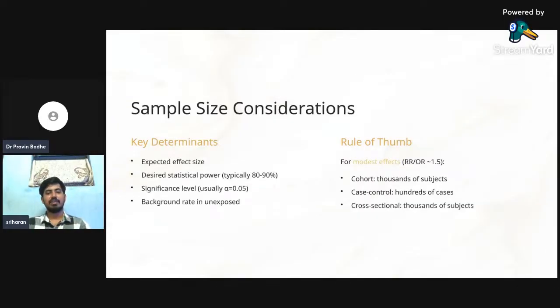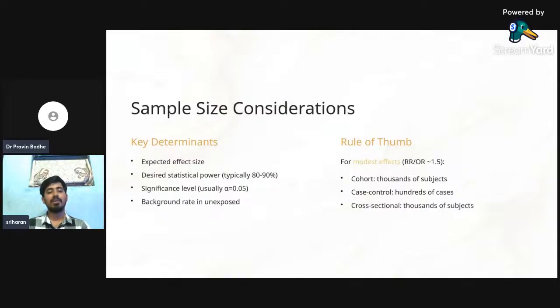Sample size consideration is very much important. The precision of the sample is directly coupled with the definite sample. So the expected effect size should be determined, because if your expected effect size is smaller, your sample should be large. If your expected effect size is greater, a smaller sample size is enough. In all studies there should be statistical power, typically 80 to 90 percent.